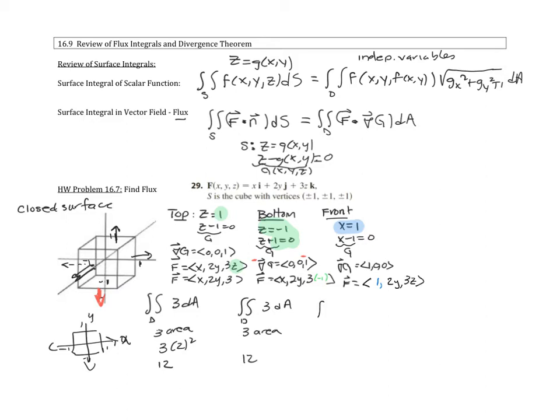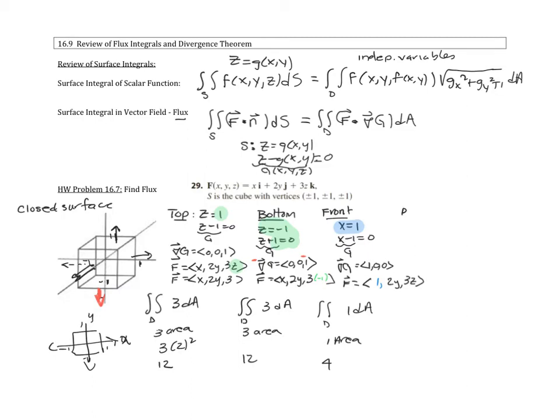And so that dot product is going to be 1 dA. The projection is in the yz plane this time, but it is the same square. If I project in the yz plane, it's still the same square, and so we're going to have 1 times the area of that square, which is going to be 4.